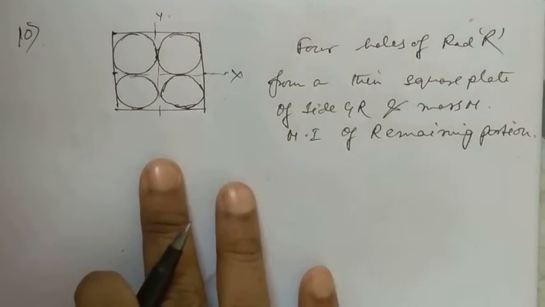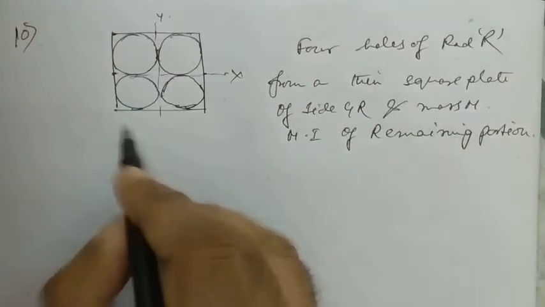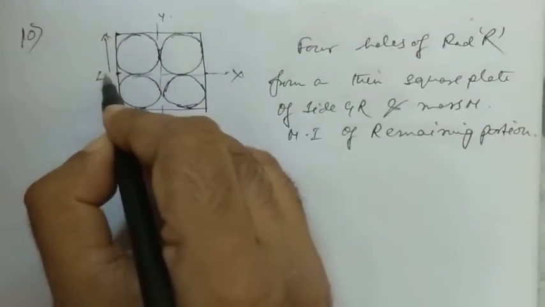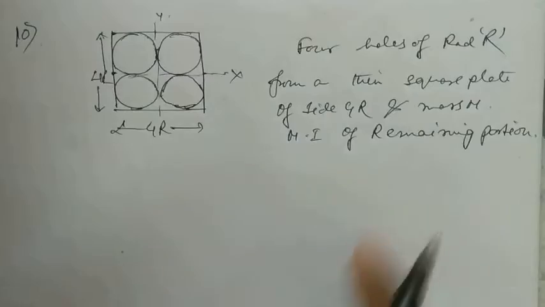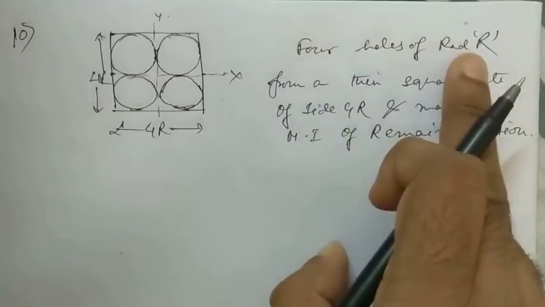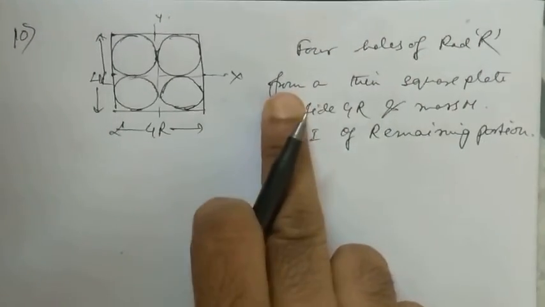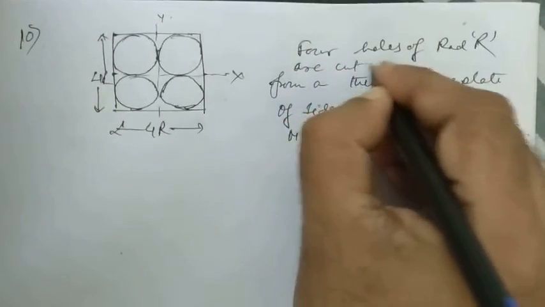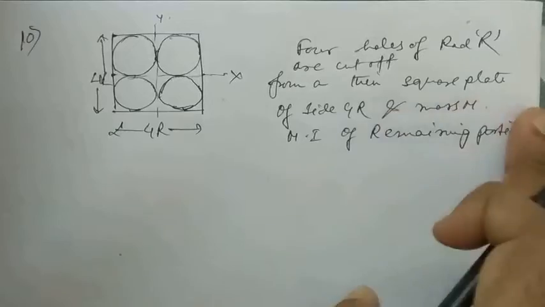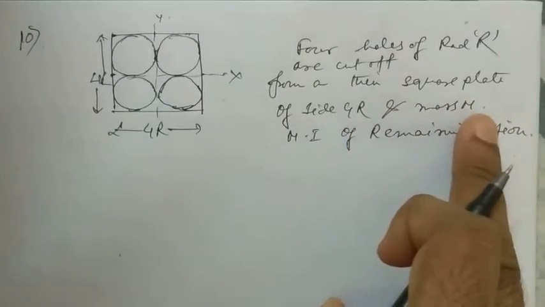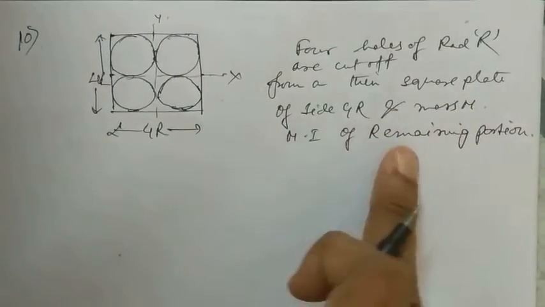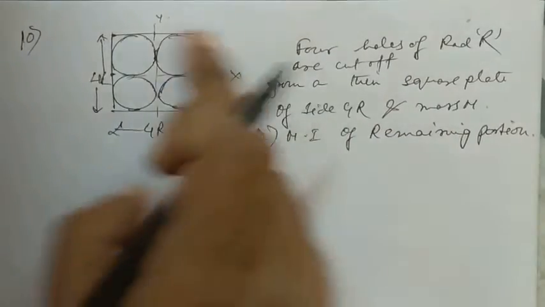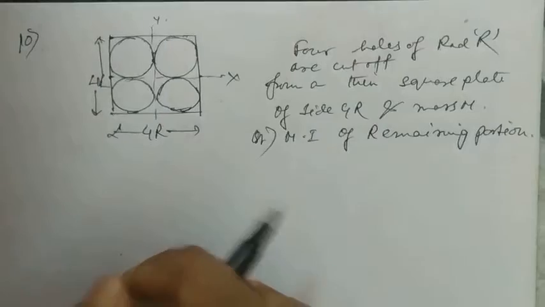Now, question number 10. This is a square plate, originally a square plate of side 4r. Four holes of radius r are cut from a thin square plate of side 4r and mass M. Find the moment of inertia of the remaining portion after the discs have been cut out.